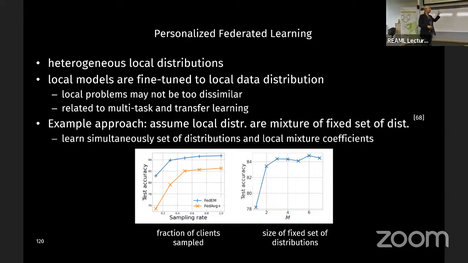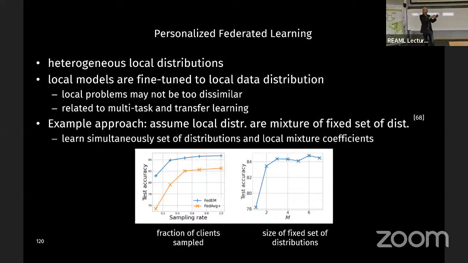And one example I want to give of what you could do, because there are millions of approaches, but this one I find very nice, is that they assume you have a set of base distributions, components they call it, and every local data distribution is a mixture of those. So assume that one distribution says how a certain disease acts in females, one in males, one in Hispanics, one in whites, one in blacks, and so on.